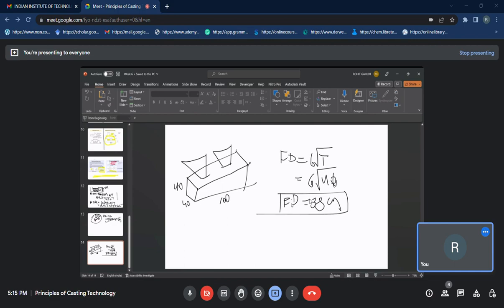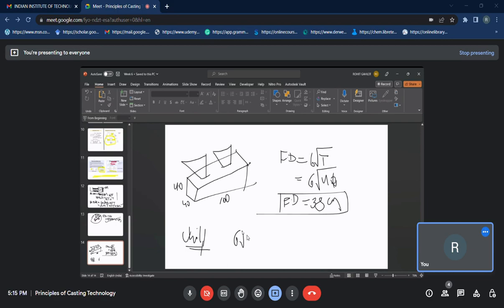For the side riser, you can think about what the case will be. And if a chill is also provided, suppose someone says I will provide a chill, then what will be the number of risers? It will be 1 or 2.